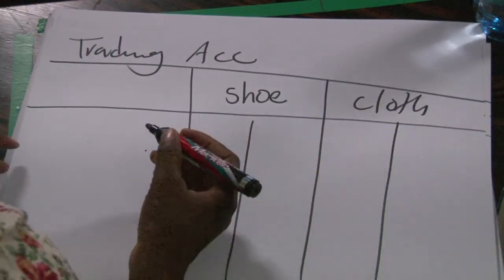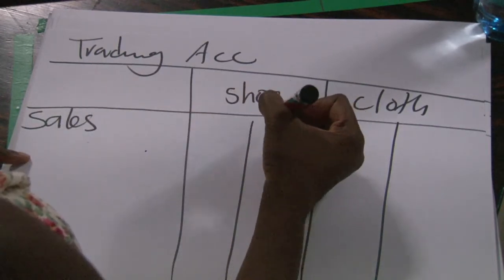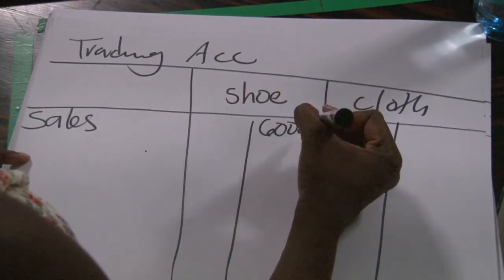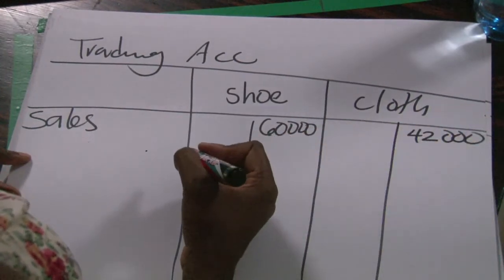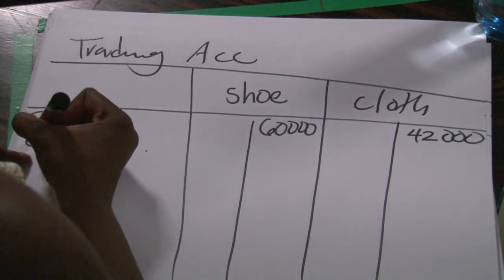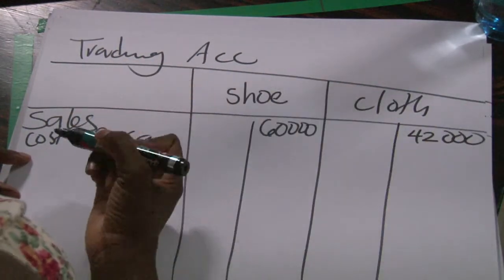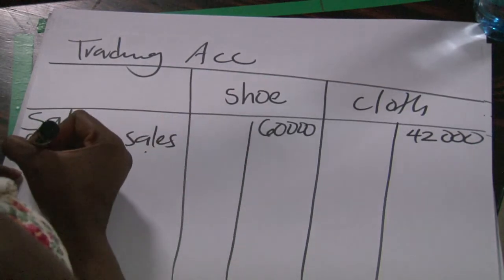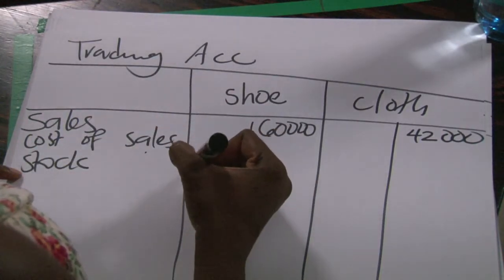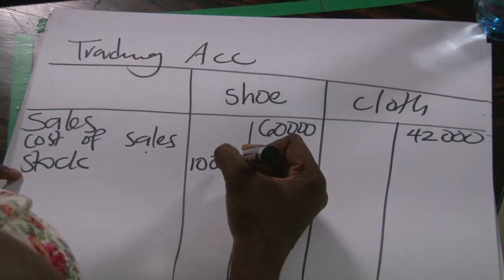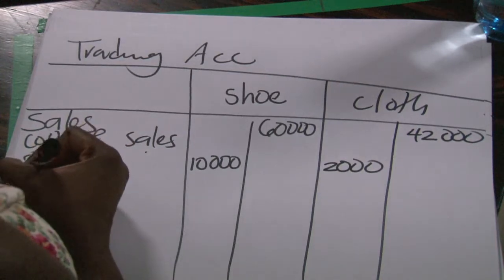Sales: how much? 60, and we have 42. Cost of sales. We don't have the amount yet. We have to start with stock. Opening stock, we have 10,000 here and 20,000 here. We have add purchases.